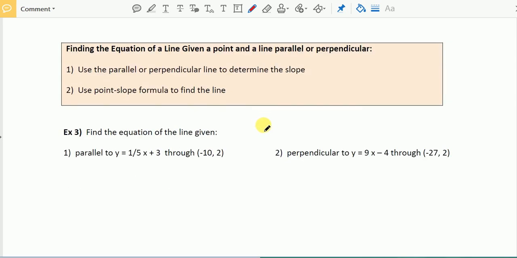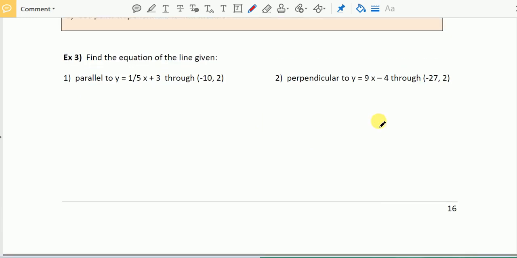So let's try these two problems. They said that you have the parallel line to this line, and you are crossing through this point. Because you are parallel to this line, that means you have the same slope with this line, or the slope to be 1/5, because the slope of this one is 1/5. Now you have the slope. You can find the line by using the point slope formula, and I call this x1, y1.